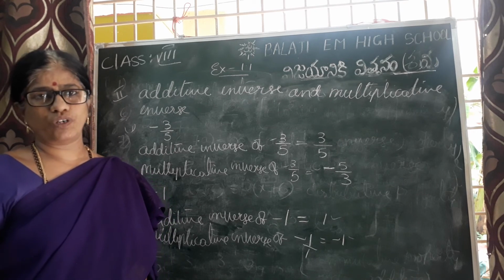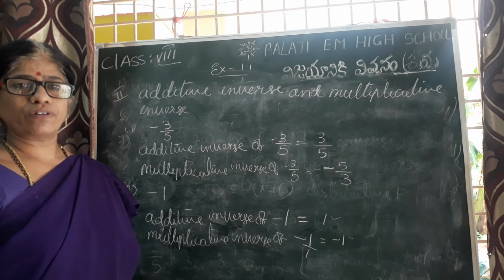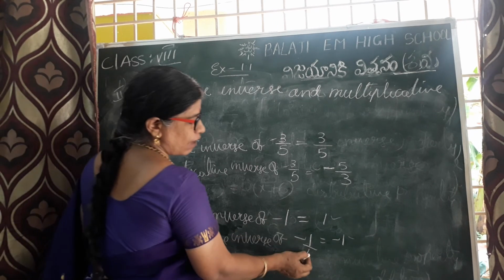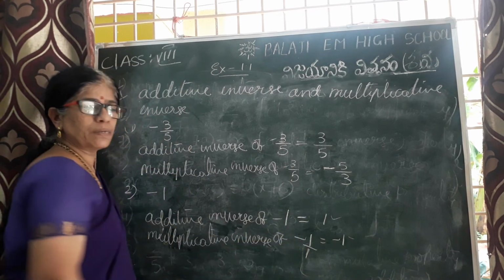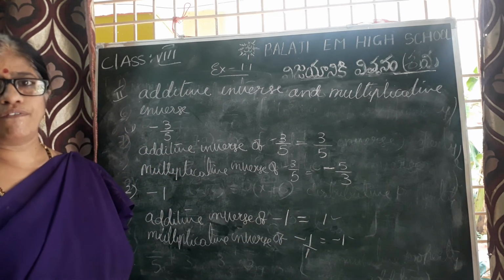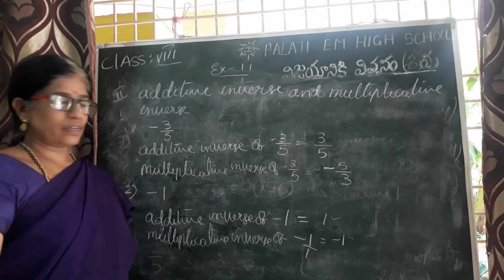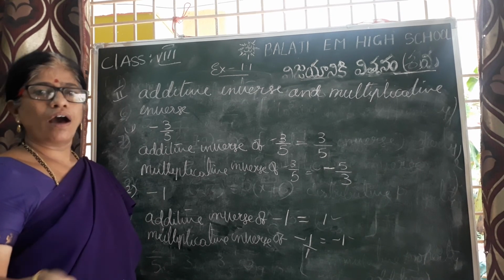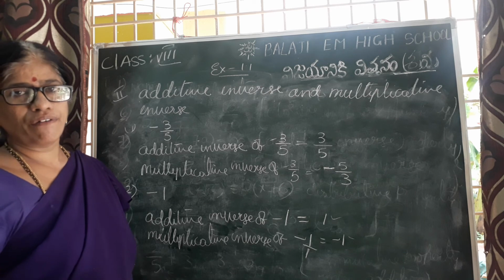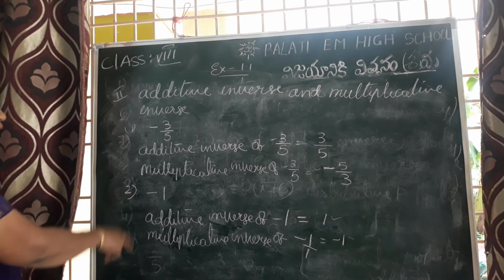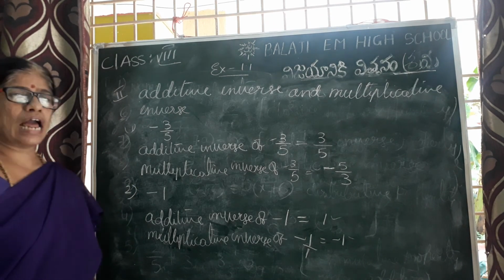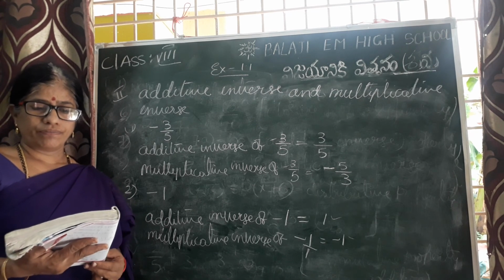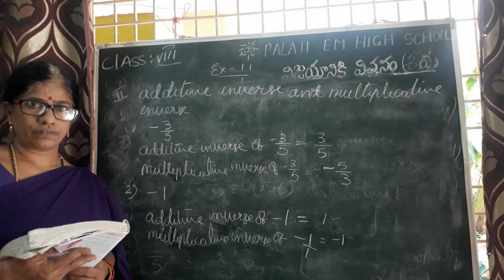There will not be any change in the multiplicative inverse of 1 and minus 1. If we do not have anything, we keep 1. If you write the reciprocal of minus 1 by 1, it also gives you minus 1 only. That is the reason minus 1 and plus 1 are their own multiplicative inverses. Now this is how you have to write the additive inverse and multiplicative inverse of the given numbers. I think you understood this. Thank you.